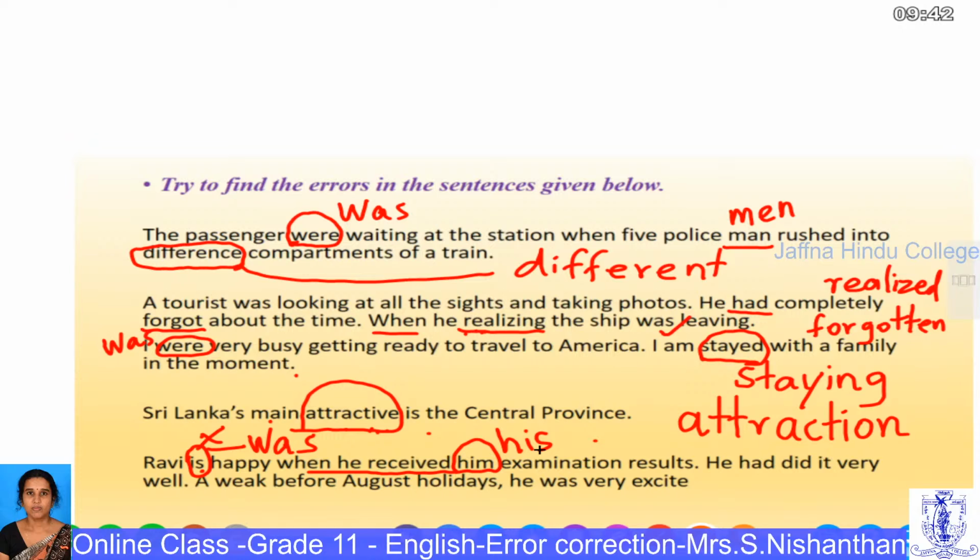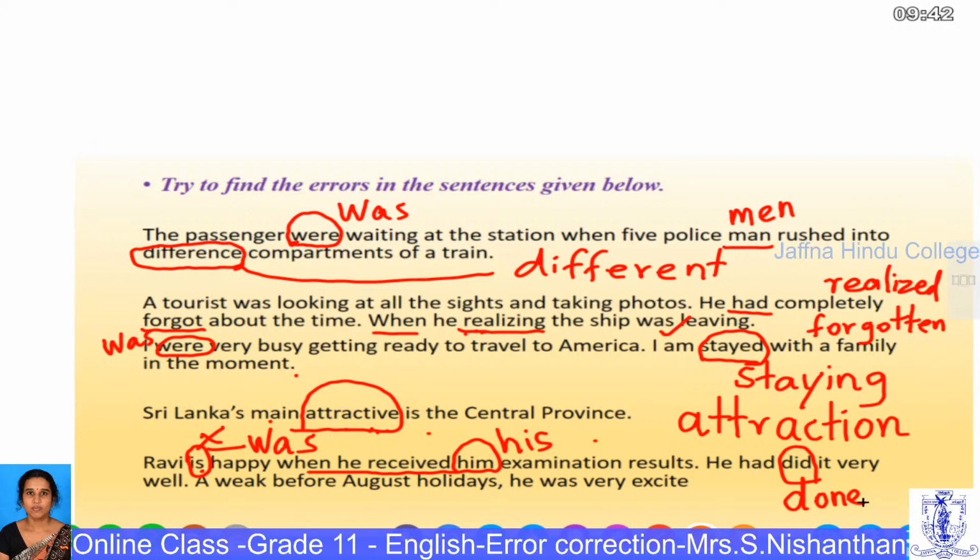He had did it very well. There's another error. Can you spot it? Had did. Is it right? Had plus past participle. So had done it very well. A week before August holidays, he was right. A week before.